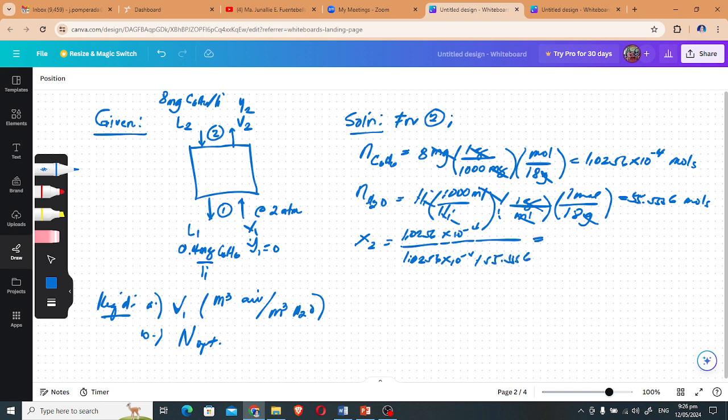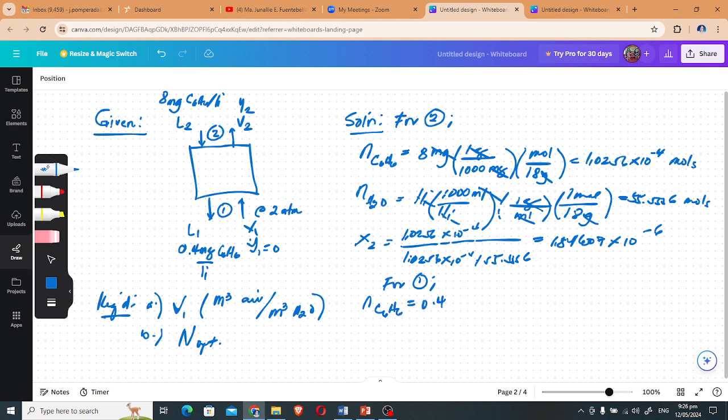So that should be 1.84607 times 10 raised to negative 6. We do the same procedure for stream 1, and for stream 1, the number of moles of benzene is 0.4.